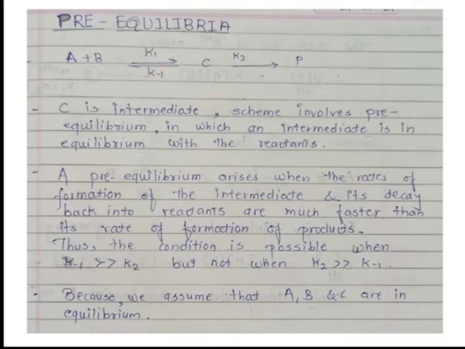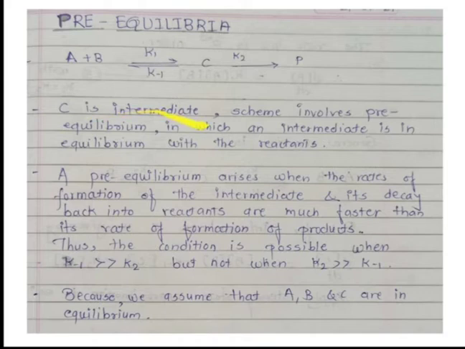So, the forward reaction with rate K1 forms the intermediate, and the intermediate again decomposes to form A and B with rate K minus 1. Then the intermediate C goes on to decompose to form a product P with rate K2. So this is our general reaction.